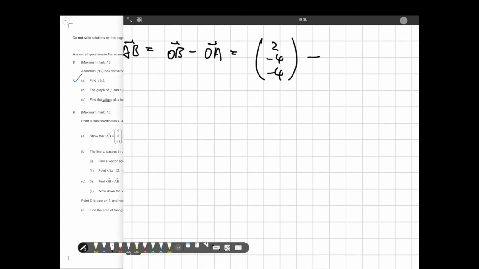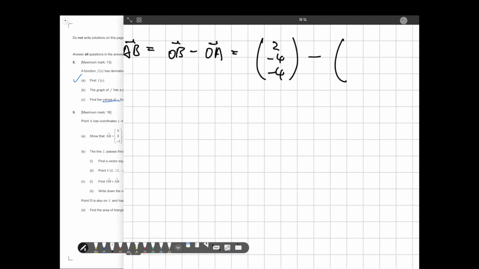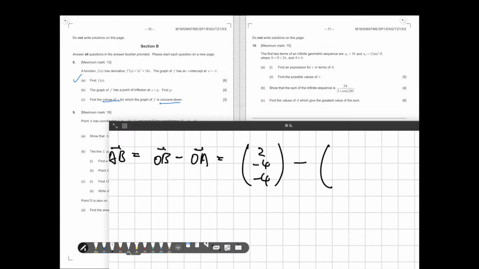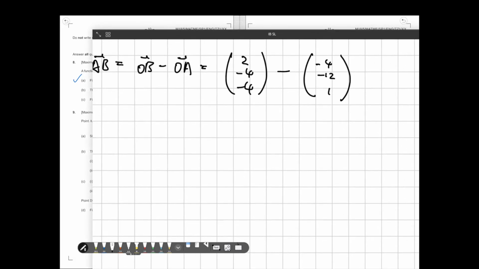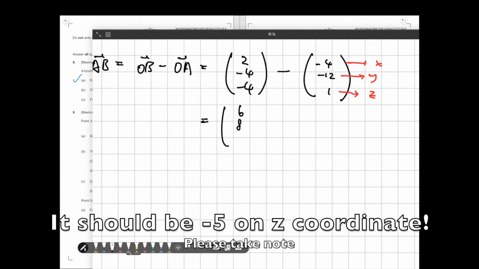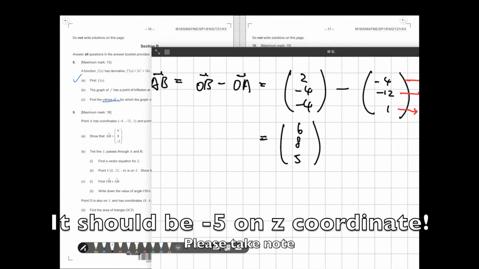Okay, and then minus OA. So what is OA? A is given as (-4, -12, 1). So that is X, that is Y, that is Z. Okay, after subtraction, we find that AB will be equal to (6, 8, and then 5). So that's it for part A.